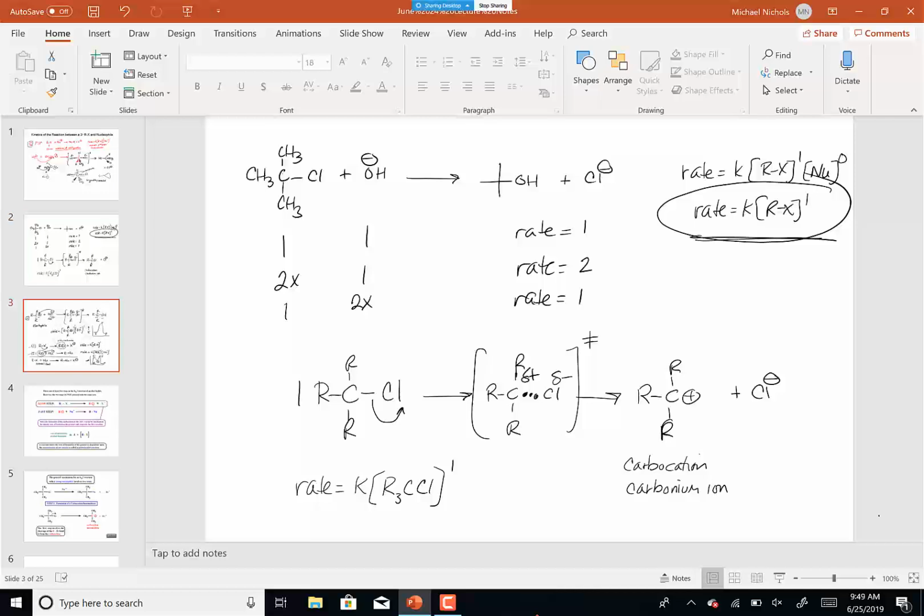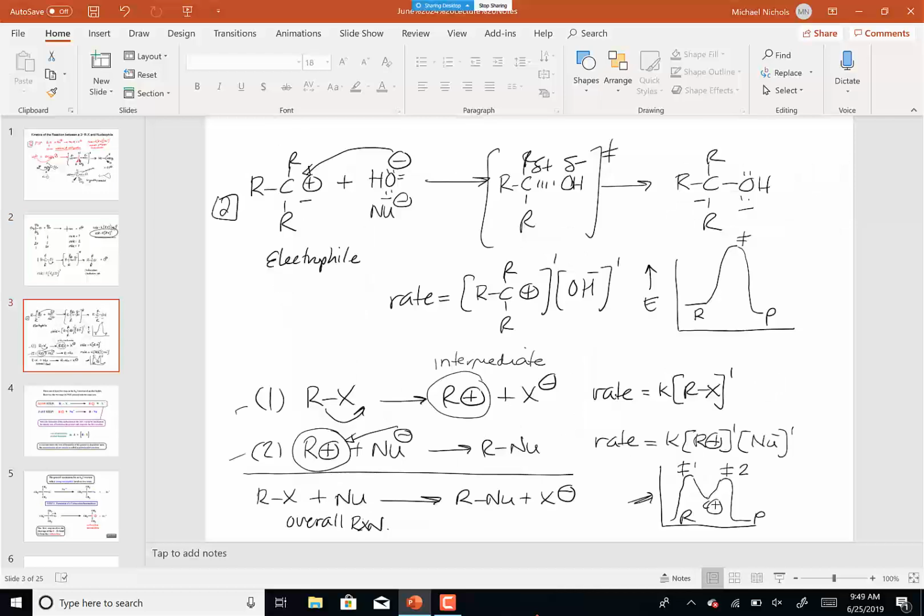So, given step 1 and step 2 here, whose rate equation looks like the overall rate equation? Step number 1. So what's step number 1? The rate determining step or the slow step. What about step 2?